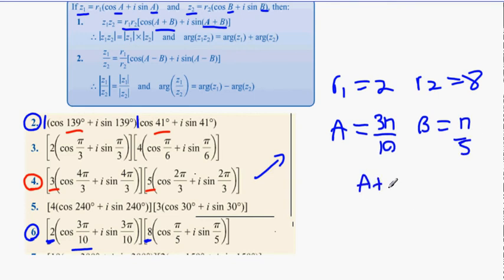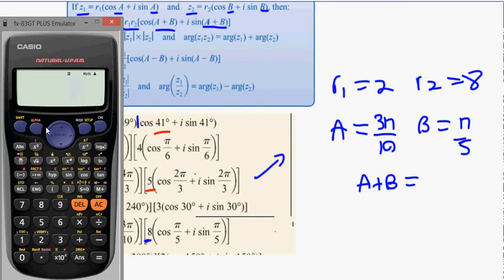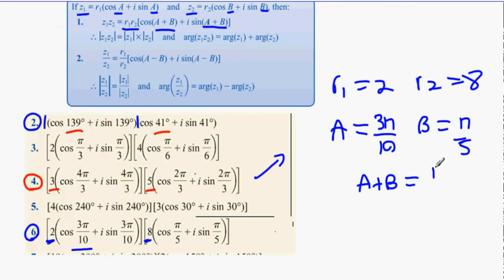We'll just find out what A plus B is while we're here. It's 3 pi over 10 plus 2 pi over 10, and we can see A plus B is a half pi, or pi over 2.